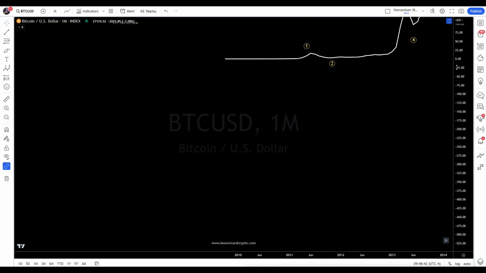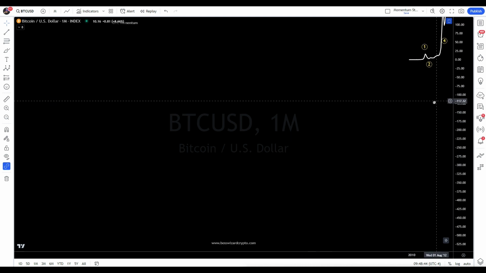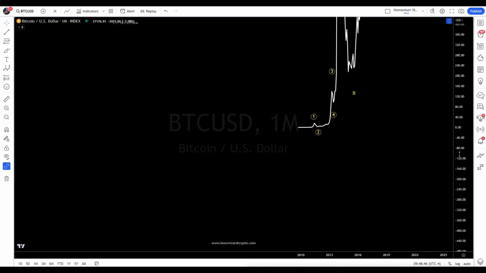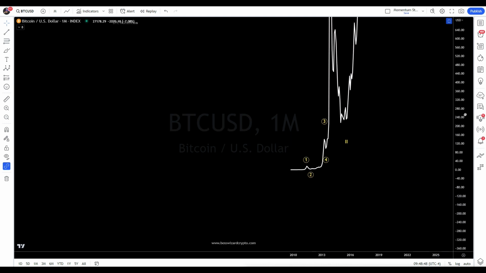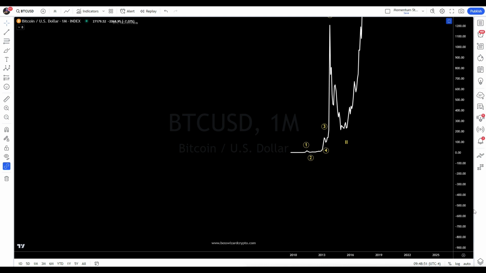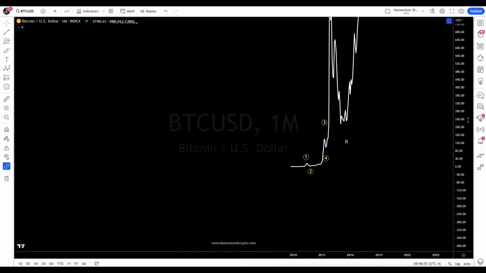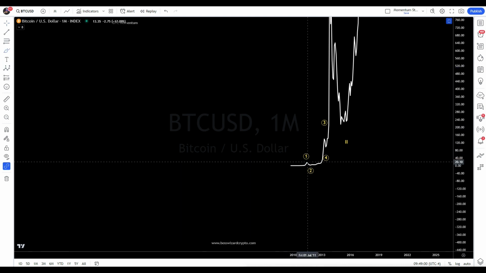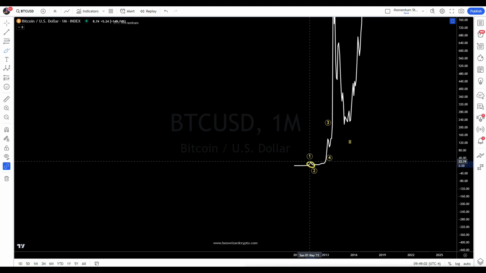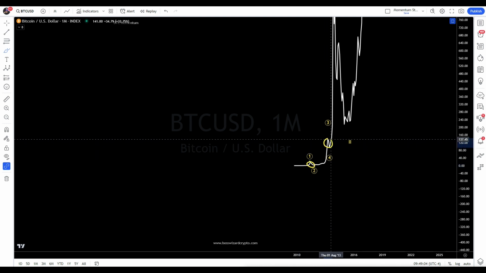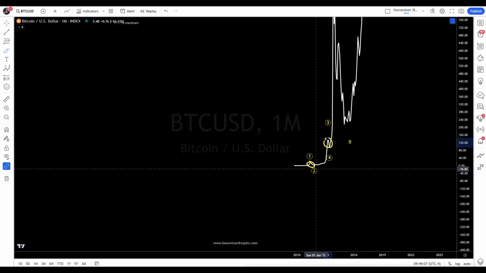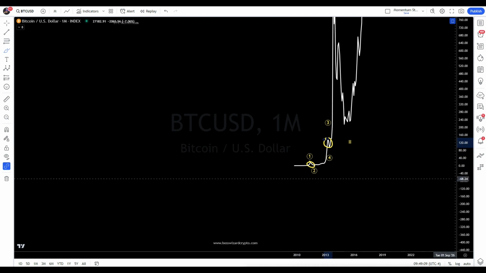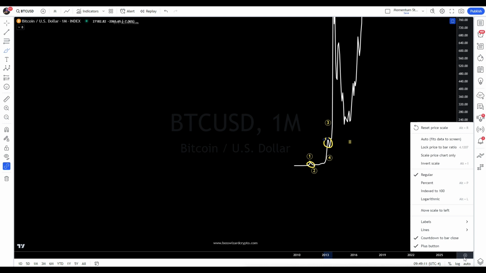I'm doing that to zoom out just so you can see that in log it does not look like there's a relationship there, but very obviously in linear there is. And I'm going to circle these two. This is in linear, and you can see that it looks fine. Yeah, that's 1, 2, 3, 4. No big deal. Now I'm going to go back to log.